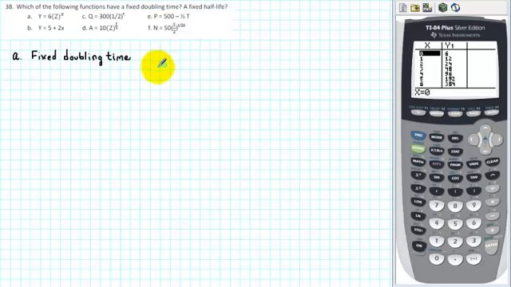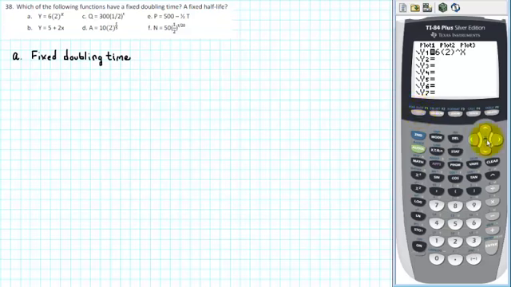For part B, we're given the function y is equal to 5 plus 2x. So let's go to y equals, clear out our old function, and enter the new function 5 plus 2x. Go back to our table, and this time we see that the initial quantity is 5. The y values are increasing.